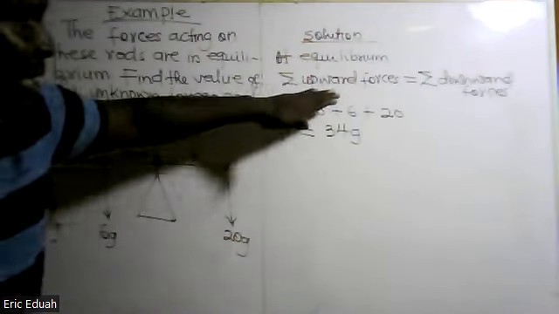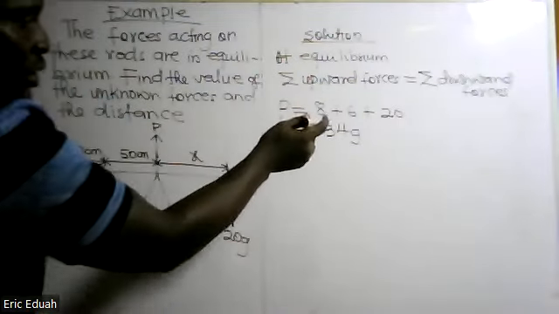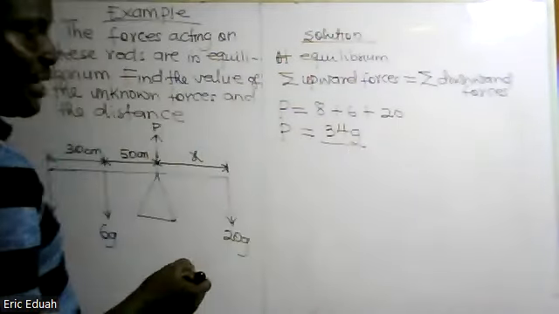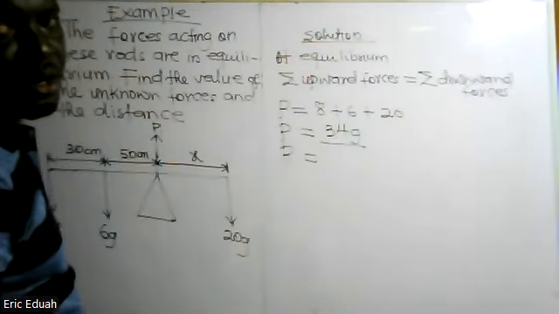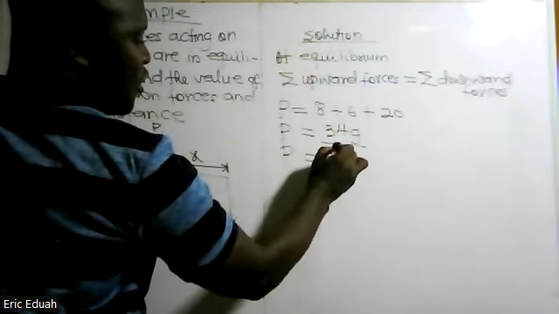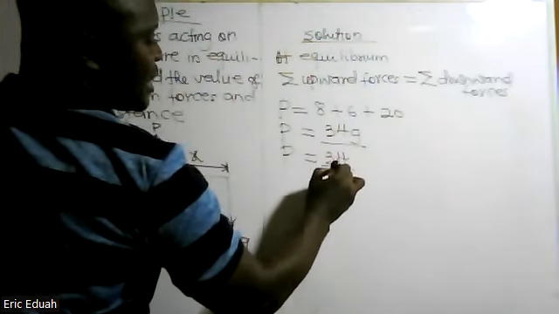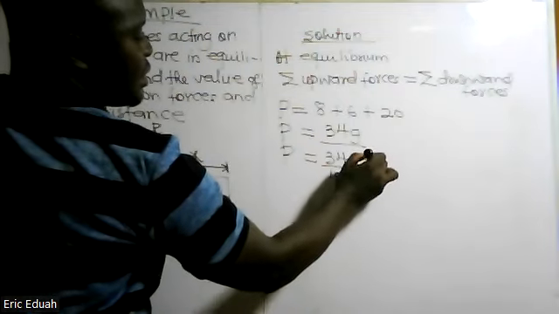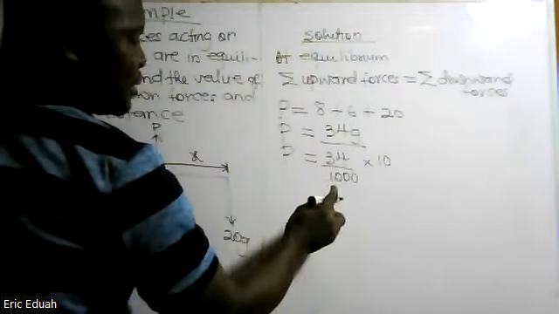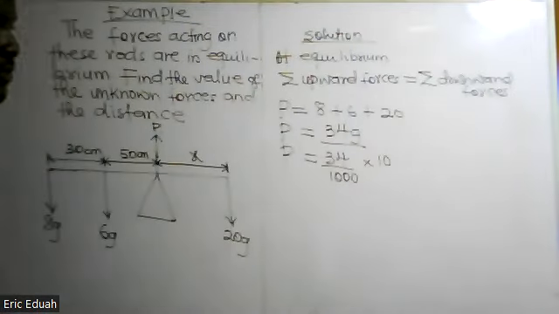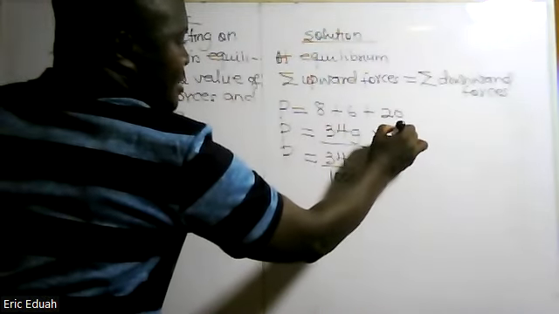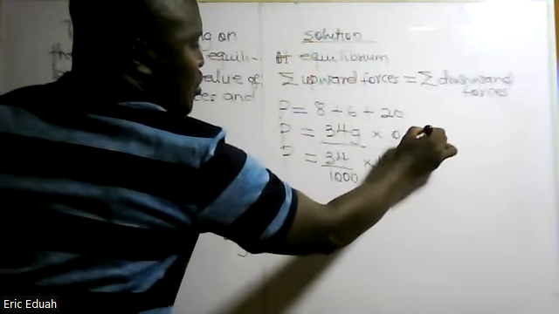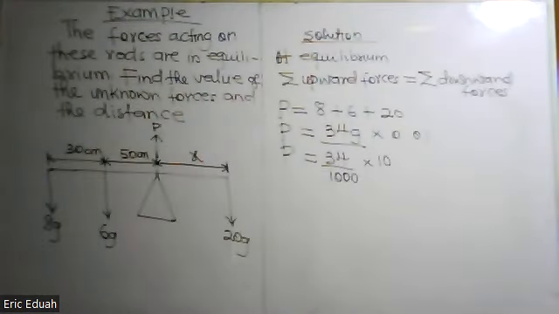Now, once the statement is about forces, you can either leave your answer in this or convert this to weight or force. 34 divided by 1,000 times 10. Or simply, we can convert this to weight by multiplying this by 0.01, and the answer will be the same.